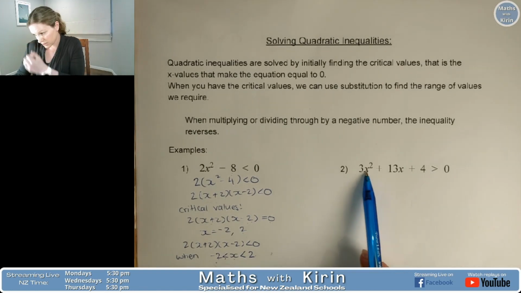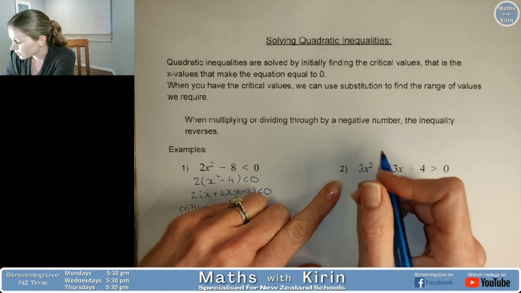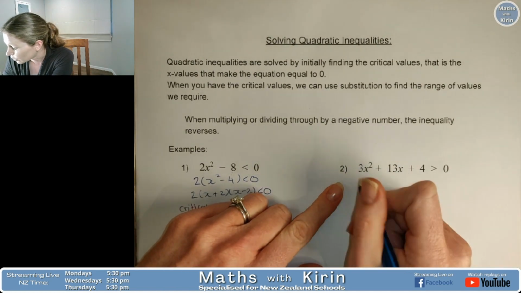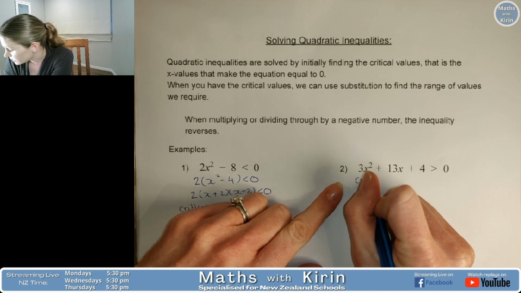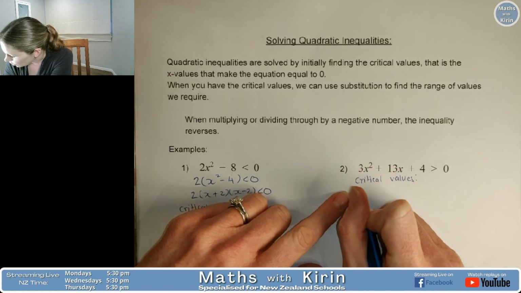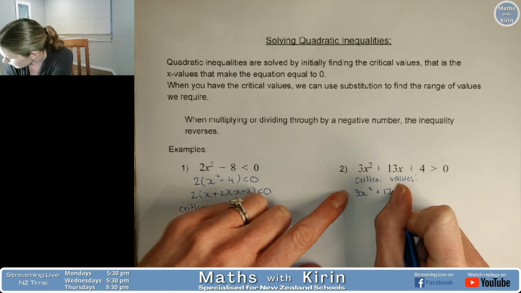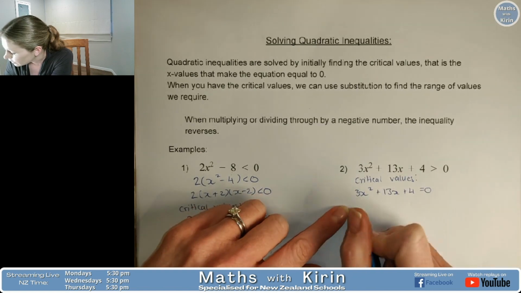We've got 3x squared plus 13x plus 4 is greater than 0 this time. To find our critical values, we want to make it equal to 0. So our critical values happen when 3x squared plus 13x plus 4 is equal to 0.